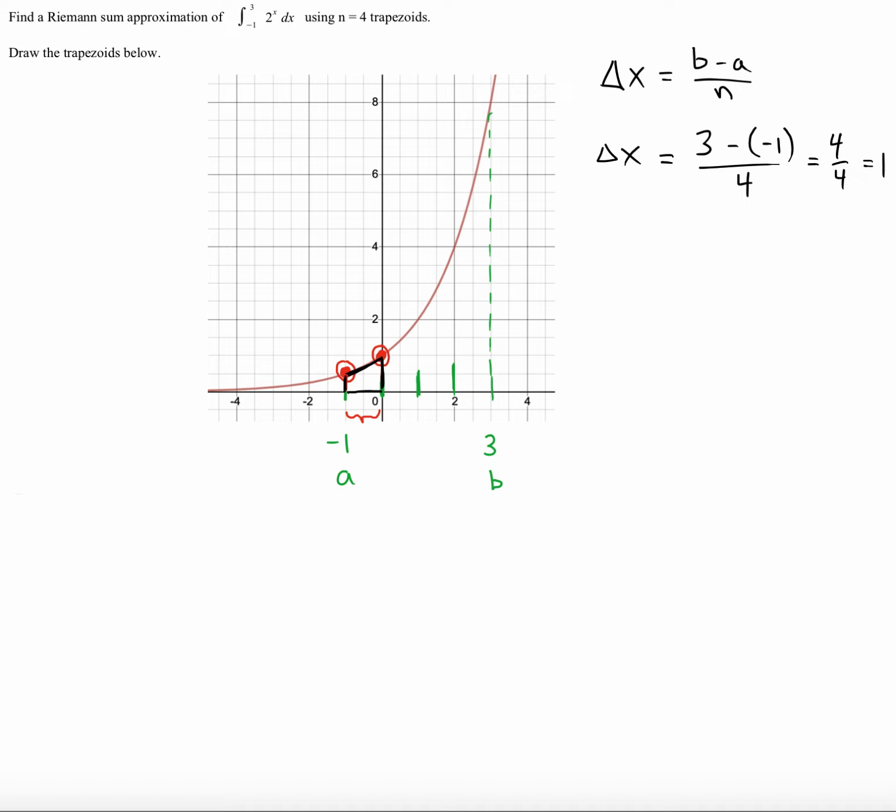This is supposed to be a better approximation of the area under that segment than a rectangle would provide. So let's go ahead and do it for the others.